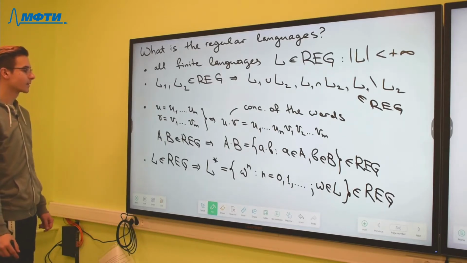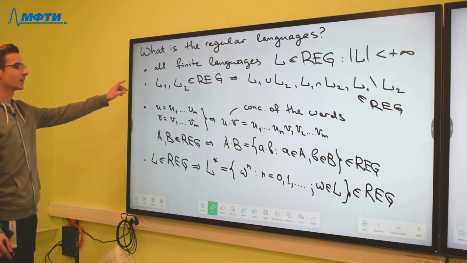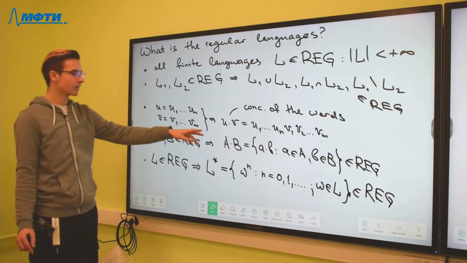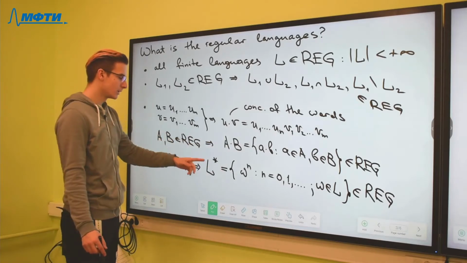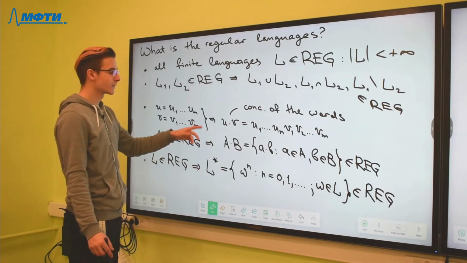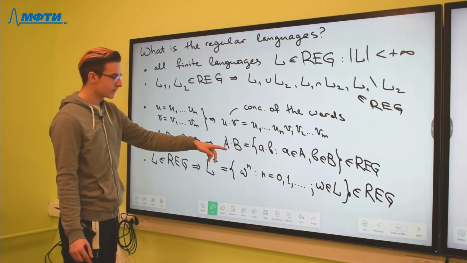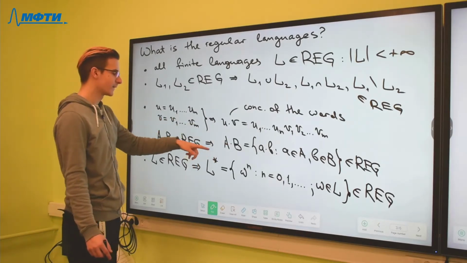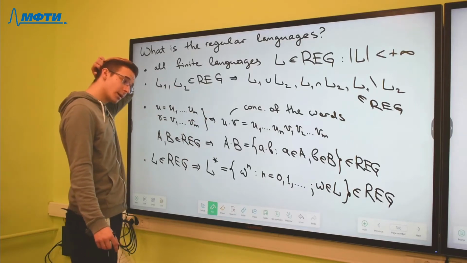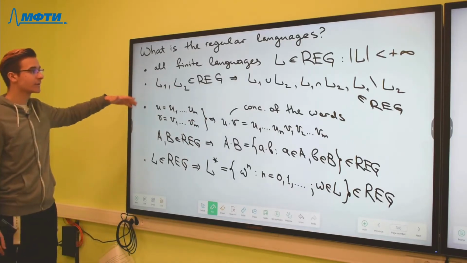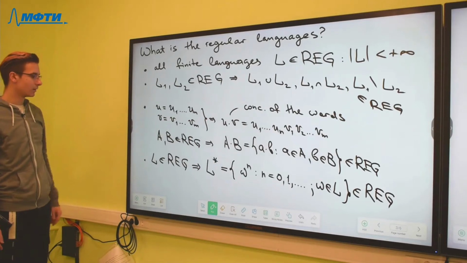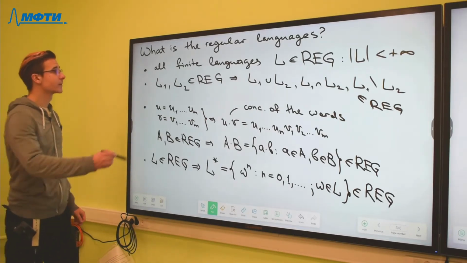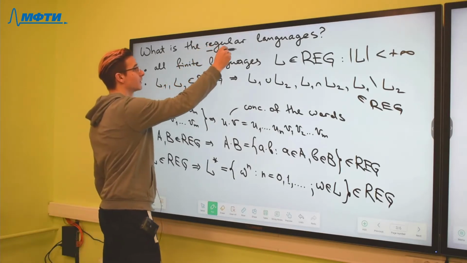So by induction we say that all of the languages that we can construct as a concatenation of the finite languages, or concatenation of the languages that we can construct by the Kleene star, etc., are regular languages.